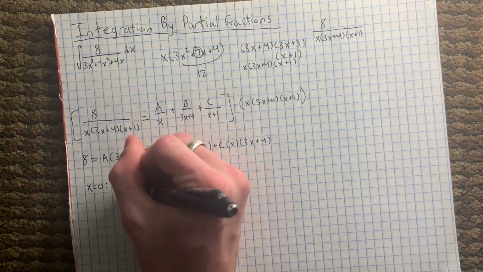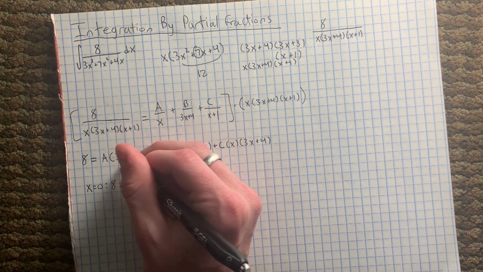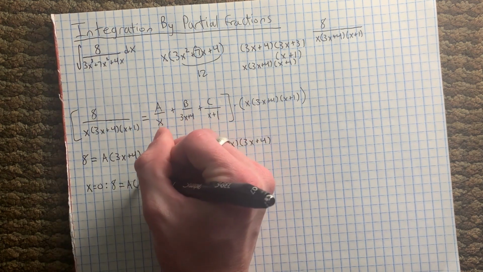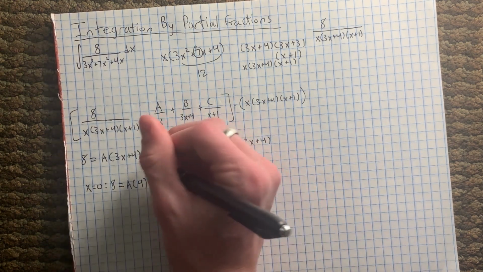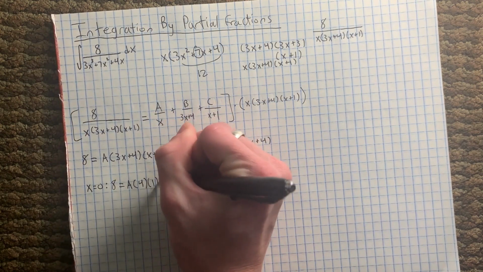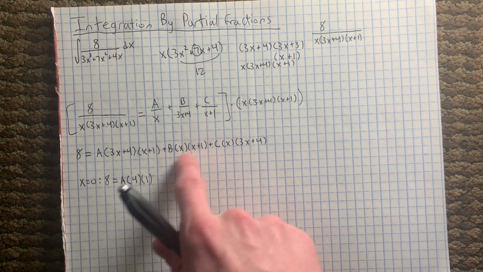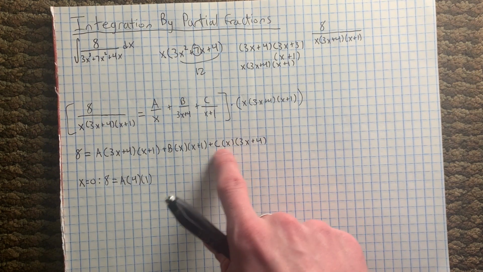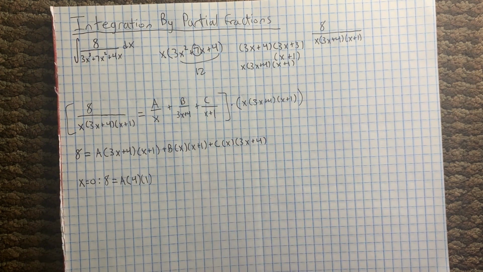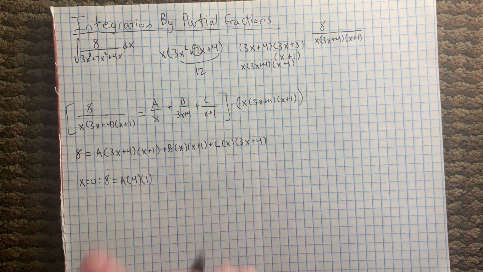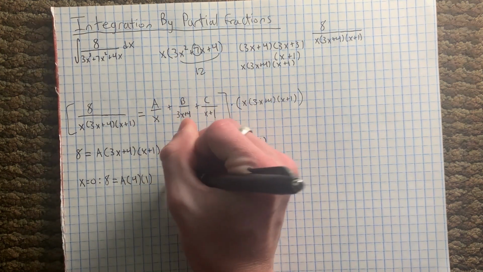This becomes a times 3 times 0 plus 4, which is just 4, and then 0 plus 1, which is just 1. Next, that becomes 0, so all of this becomes 0, and this becomes 0, so all of this will become 0. So we're just left now with 4a equals 8, which is the same as a equals 2.